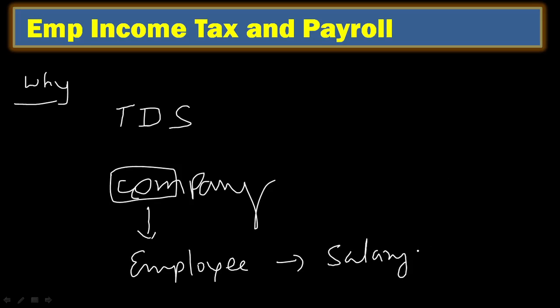If your salary is above the income tax limit, then they need to deduct the TDS from your salary, and then pay the rest of the salary. That is the take home salary.